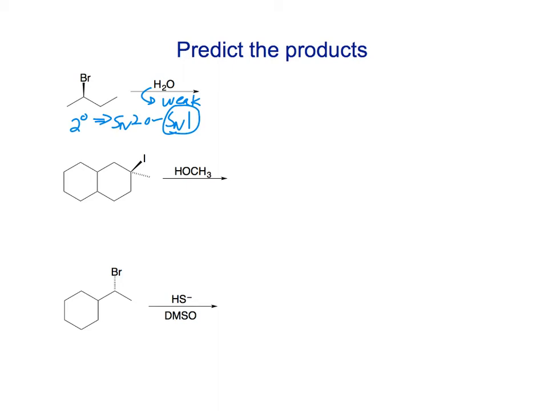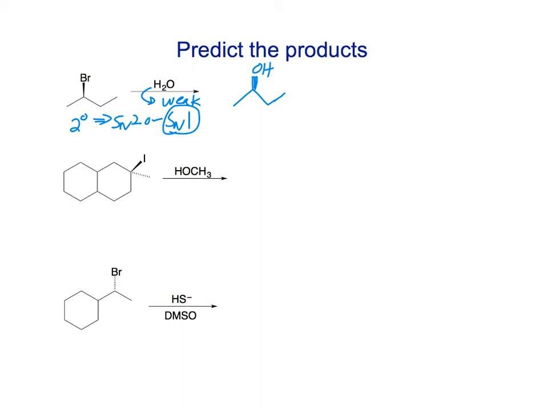So when we have an SN1 mechanism, we know that we will get a mixture of products. If the products are enantiomers, then that mixture will be racemic. So our 2 products are like this. If water is the nucleophile, then our product will be an alcohol.